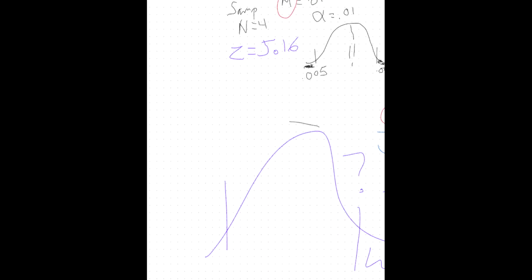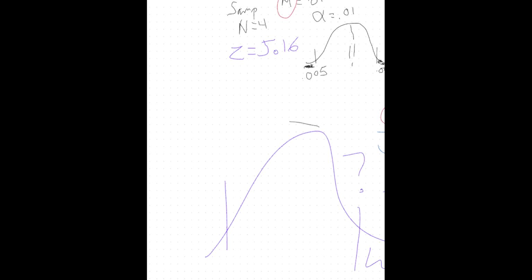On your z tables, does it tell you percents or proportions? Percent. This was tripping people up a little bit too. So when we're looking for a percent in the tail, you have to convert this alpha of 0.005 in your head. It means 0.5%.